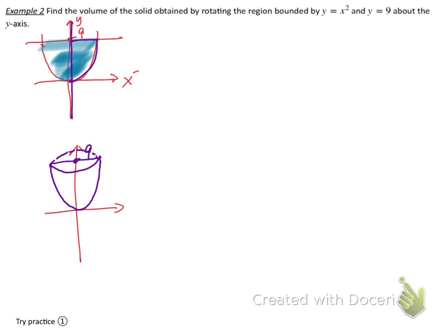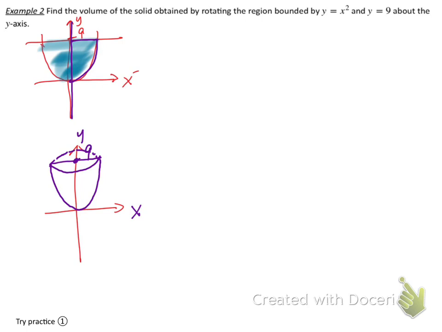This point is 9. Y, x. So obviously if you slice this thing horizontally, perpendicular to the y-axis, each slice will be a circle.